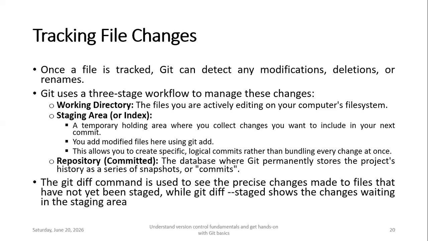So in your working directory, you have files that are actively edited, and then you will move these files into a temporary holding area, which we call the staging area. And then these files will be added to a commit or to a repository by using git commit. So it's a three-stage process. Okay.